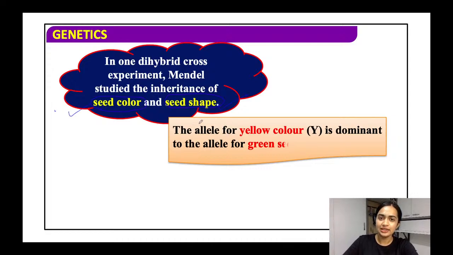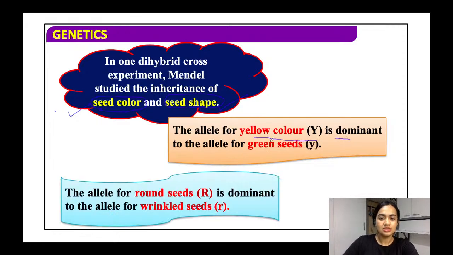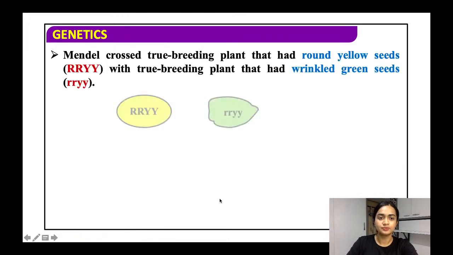Two different characters refers to a dihybrid cross. The allele for yellow color is the dominant one, and green seed is the recessive one. The allele for round is dominant, the capital R, and that for wrinkled, the recessive, is the small r.